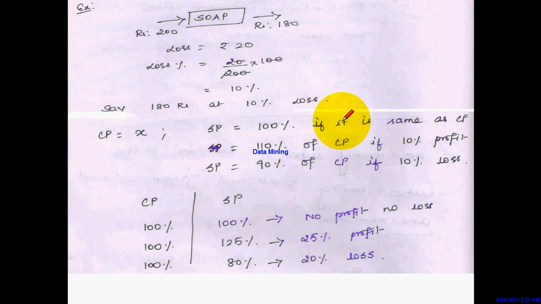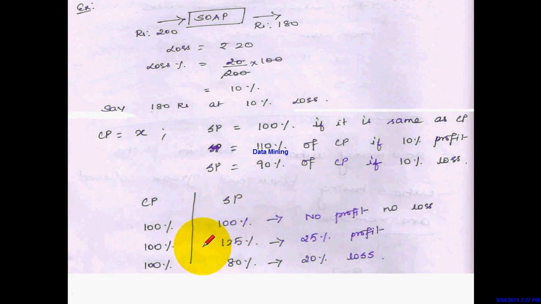See, another hint I have given you. Here cost price is 100%, selling price is also 100%. The first case, what we have seen already: the cost price and the selling price are both the same, so this particular transaction has incurred neither profit nor loss.